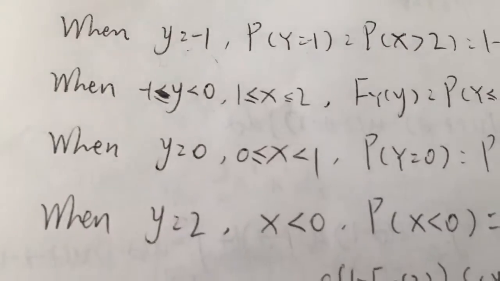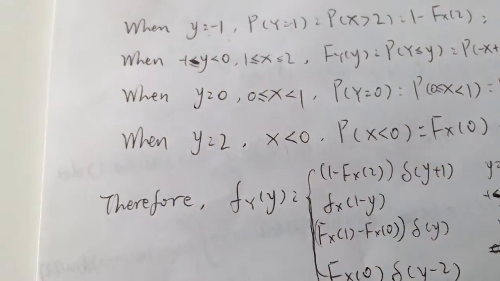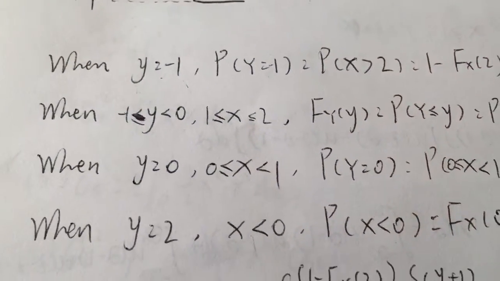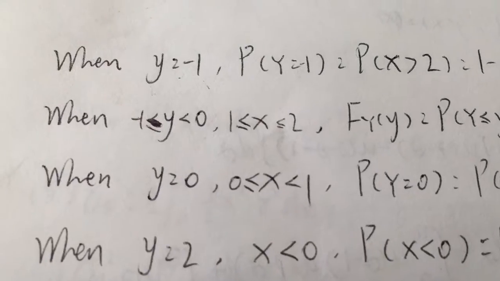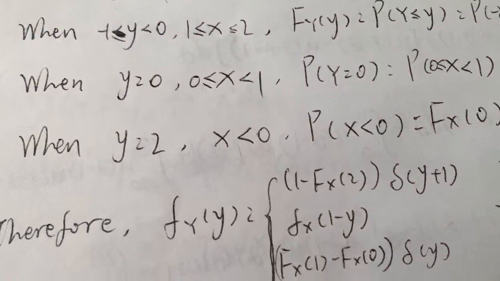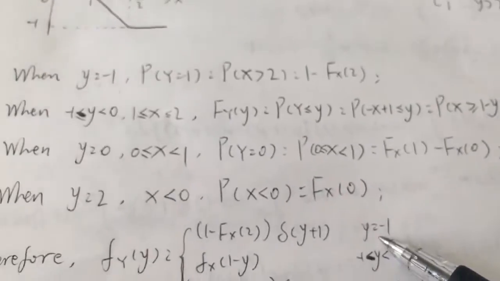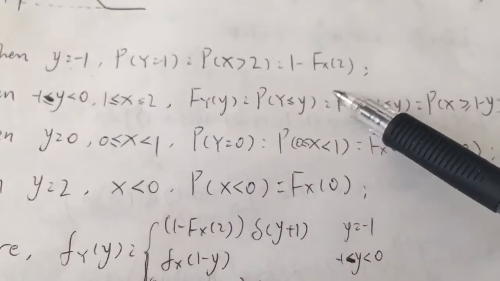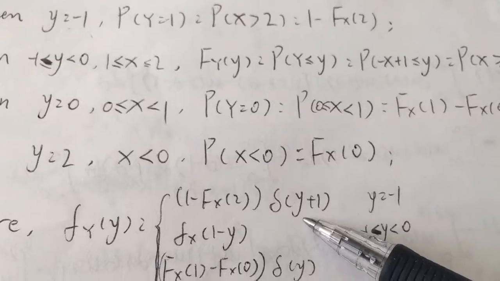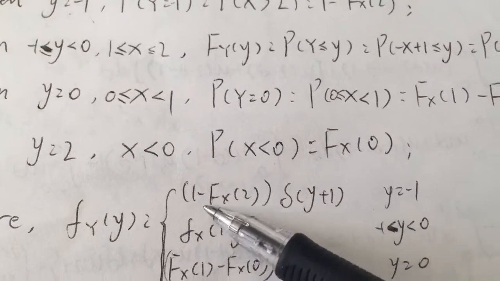Okay, we have these 4 cases, and with these 4 cases, we got the density function of y when y equals -1. So it's actually an impulse, and we got this.